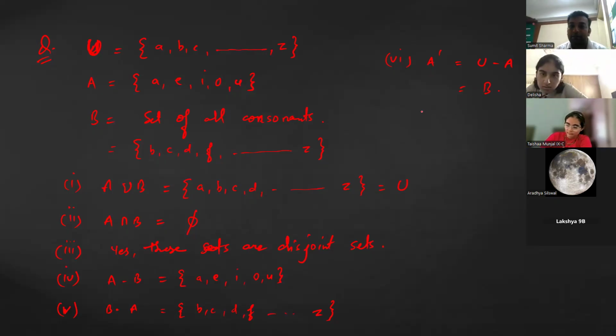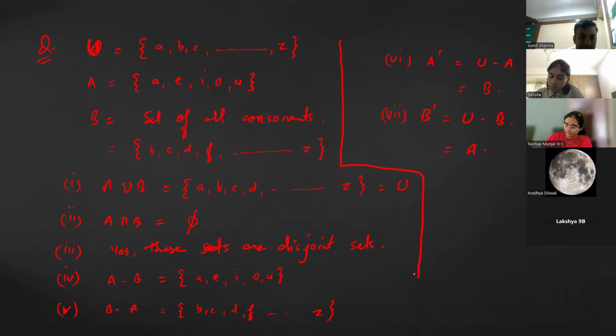So it will be B. Similarly, B complement is U minus B, which means from the universal set we have to remove all consonants. So you are now left with A only, which is the set of all vowels. This is how we can find all these using the sets.